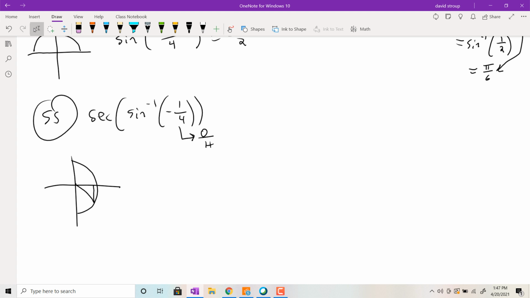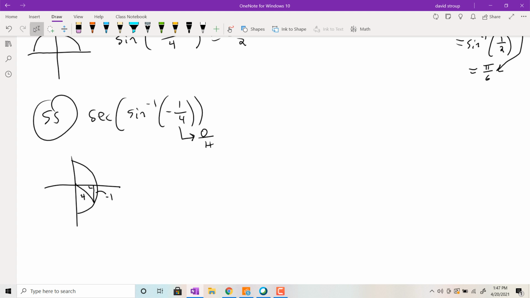It can't be in the third quadrant because it's inverse sine, and inverse sine is only in the first and fourth quadrant. So anyways, for the sides of that right triangle, sine is opposite over hypotenuse. So this side here is going to be negative 1 because I'm going downwards in the y direction, and then the hypotenuse is 4.